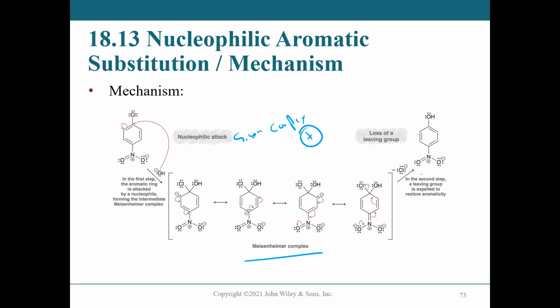So in the second step, a leaving group is expelled to restore aromaticity. And you can see finally, we are getting rid of that right here. This will be a good leaving group.